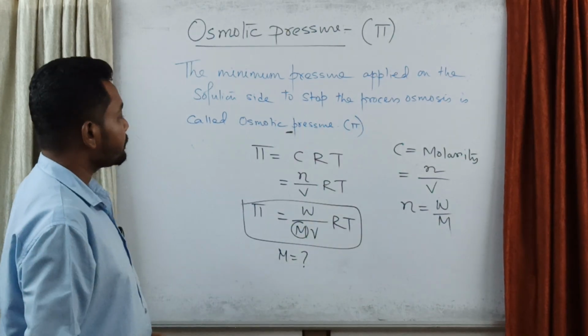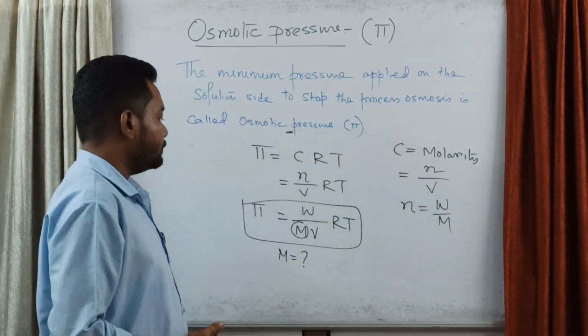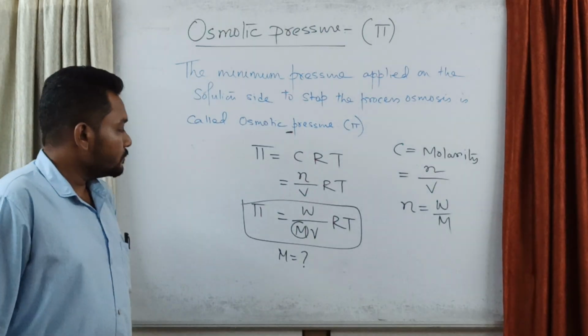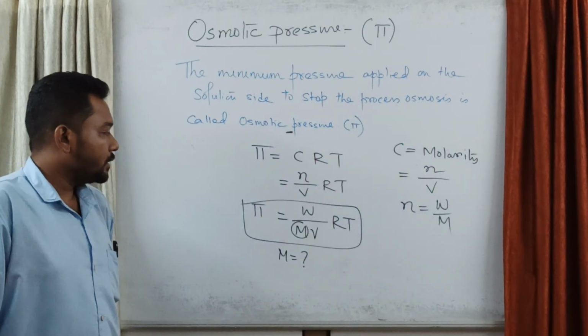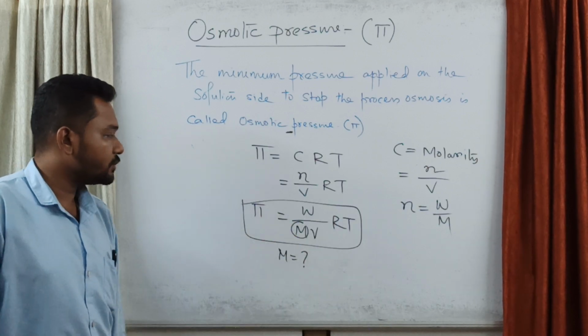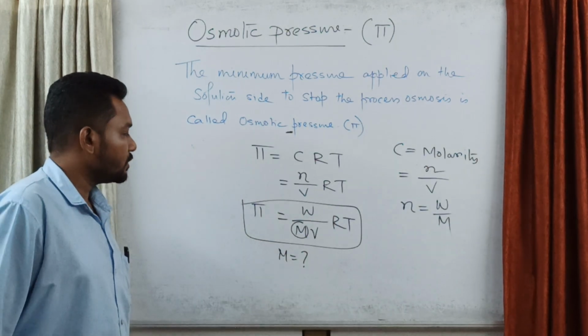So write it down. W is the weight of the solute, M is the molar mass of the solute, V is the volume of the solution, T is the temperature. You all know that.